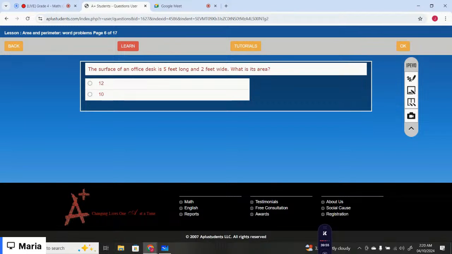The surface of an office desk is 5 feet long and 2 feet wide. What is the area? Which is the correct option?